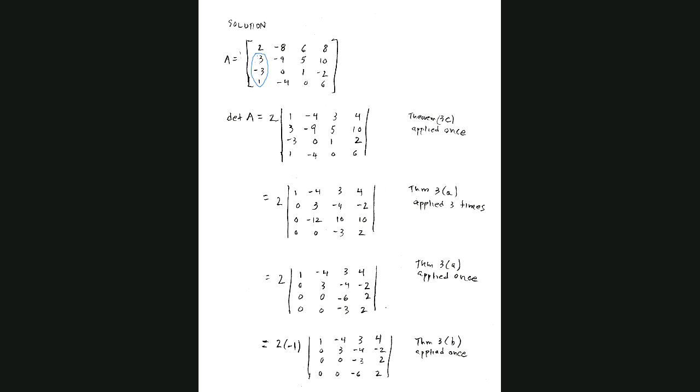So what I'm doing in computing the determinant, if I do that, I can factor 2 out. And the determinant of A would equal 2 times this determinant here, this 4x4. And notice the first row, I factored a 2 out. The first row was 2, -8, 6, and 8, right?